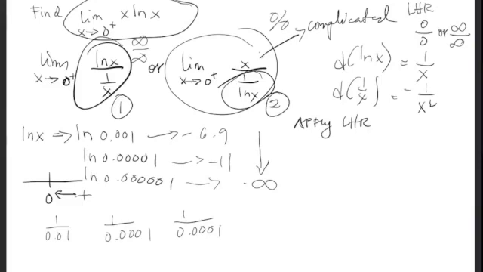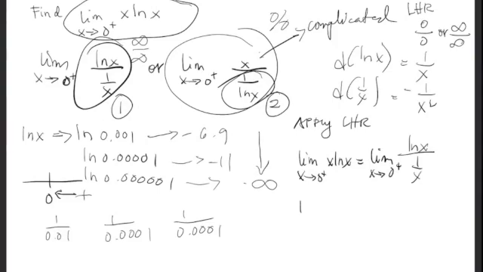So we have converted it from the limit of ln of x times x as x approaches 0. Nire-write natin siya into ln of x over 1 over x as x approaches 0. And apply LHR.